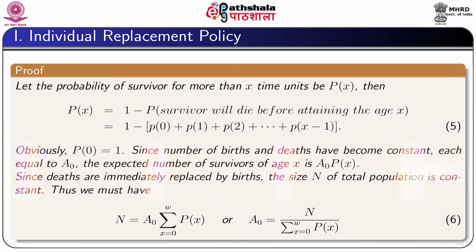Since deaths are immediately replaced by births and n is the size of the total population, which is constant, we must have n equal to A 0 into sigma capital P x, where x varies from 0 to w. This gives A 0 equal to n by sigma x equal to 0 to w capital P x.